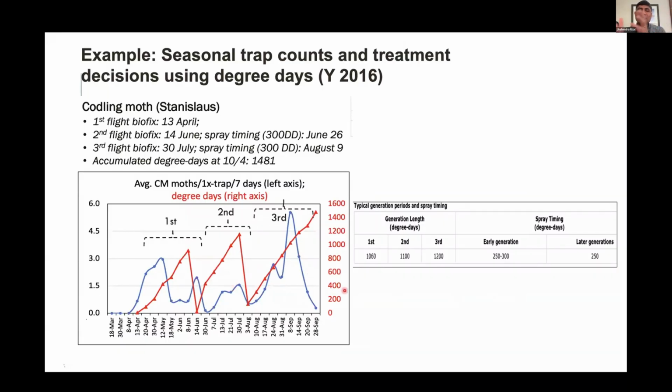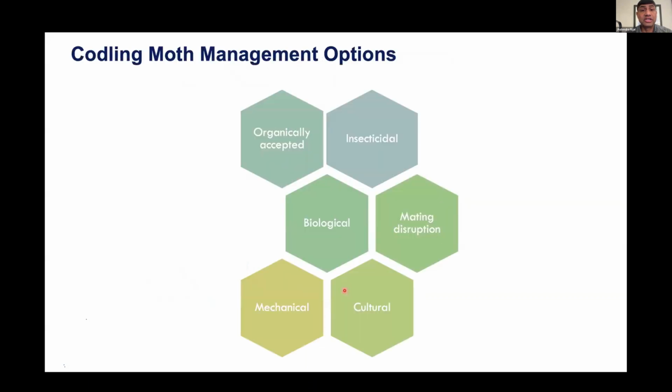You just keep tracking these flights because your target is the egg and early stage of the larva. So you need to determine when the majority of the adults are flying and actively laying eggs. That would be the time when you want to apply any insecticide or any other type of control you want to do.